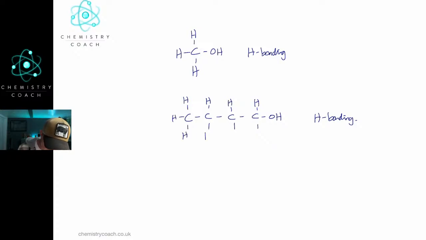If they asked you why butanol has a higher boiling point than methanol, what we need to do is play a game of spot the difference. So we can say, well, both of them have hydrogen bonding. So hang on a minute, if they both have the same intermolecular forces, why does this one have a higher melting and boiling point?